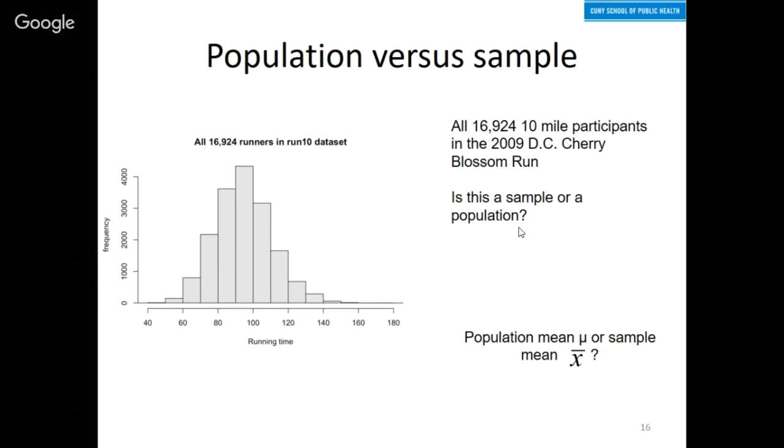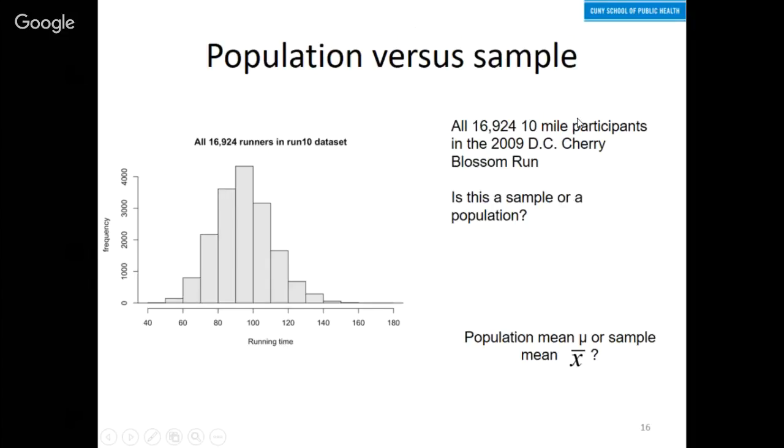If it's population, all right. I would say it's actually not totally clear. It depends on, if you were thinking of, say, all of the DC cherry runs over years, maybe you could think of it as a sample.